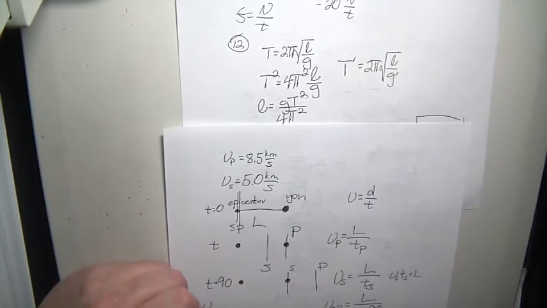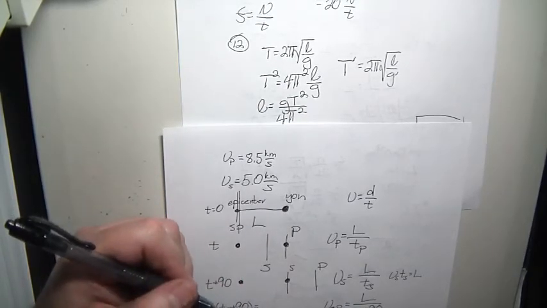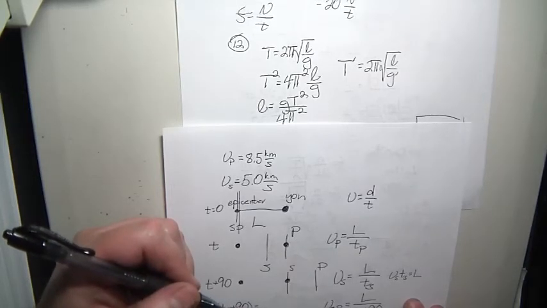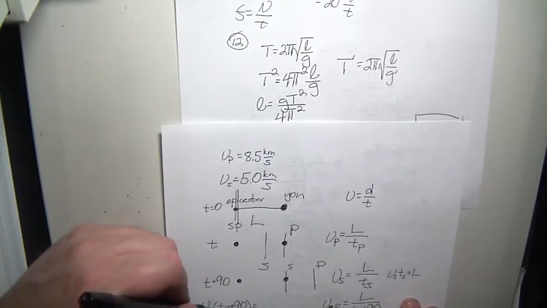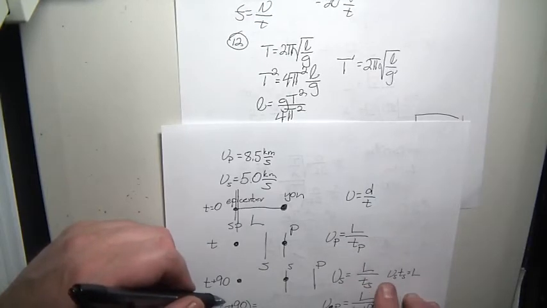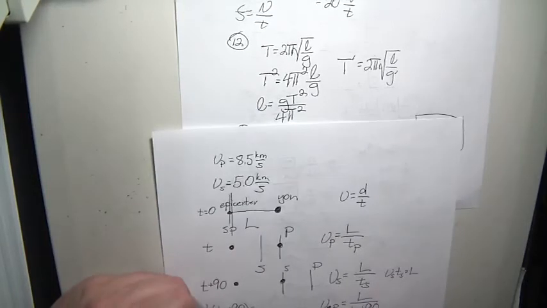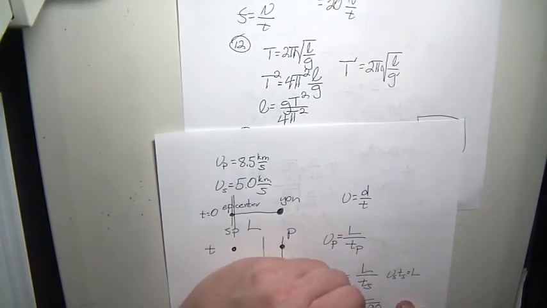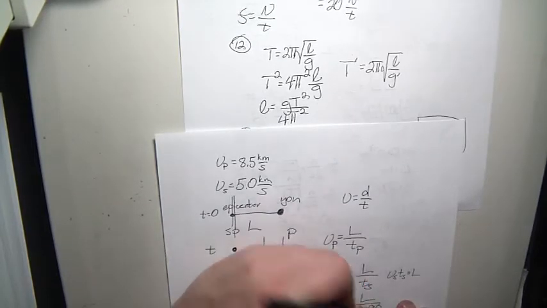So it ends up becoming that VP TP plus 90 is equal to, what? What am I doing? I'm getting confused. VS is L over TS. So VS TS is equal to L. VP. Oh, this is TS. Or, it's actually T.